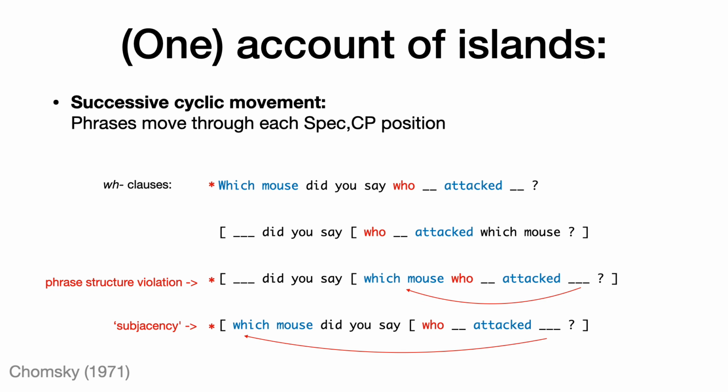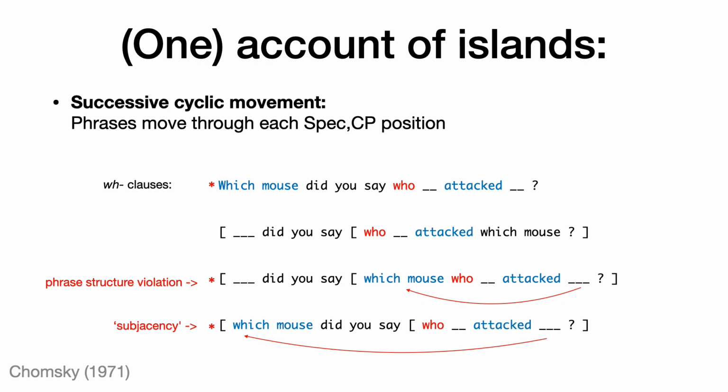You have to learn that in English, if you have a multiple WH question, you put one WH word at the beginning and not all of them. We're going to come back to this because not all languages exactly work that way. And the idea is that because you have these two properties, the subjacency idea or the successive cyclicity idea might be innate, right? If you follow Chomsky's logic here, that phrase structure property is not necessarily innate, but it is something that has to be learned.